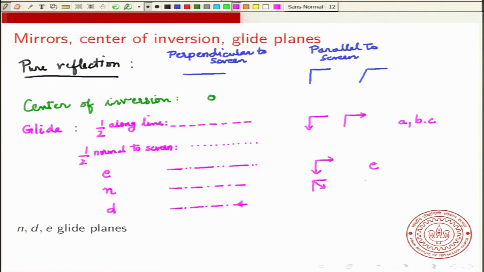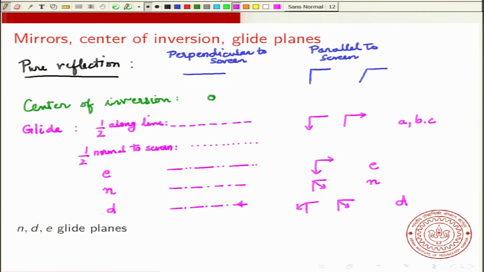So that is an N glide. And you could have a diamond glide, for which there are different notations. You could have something like this. This is a diamond glide. I'm not going to go into this in too much detail, because we won't be using it too much during this course.